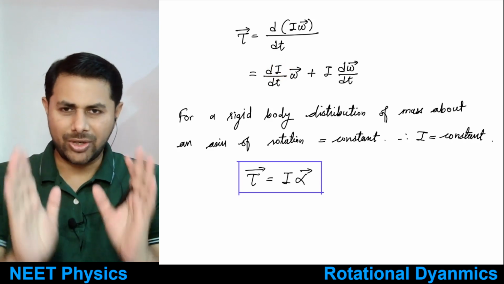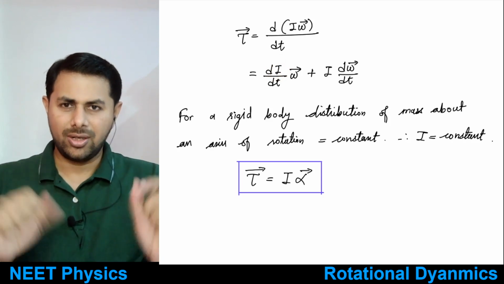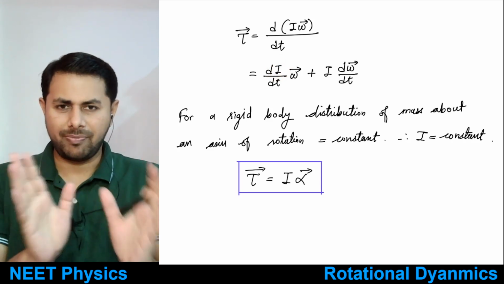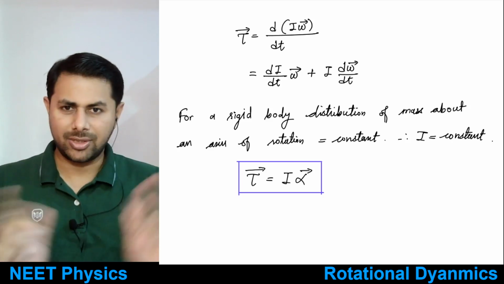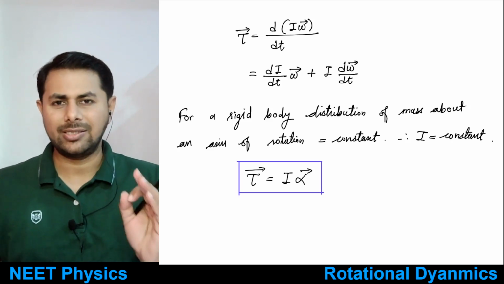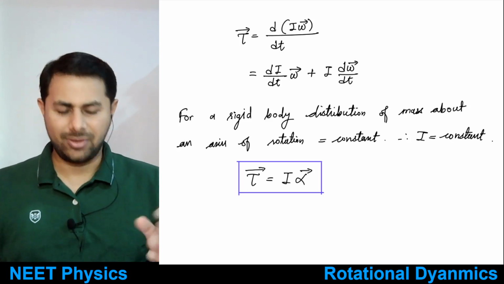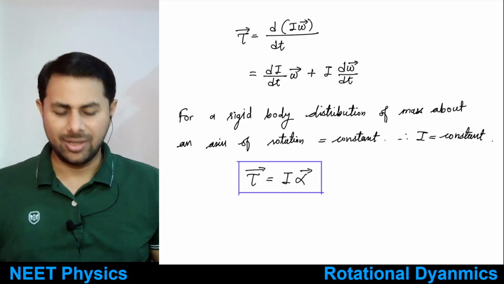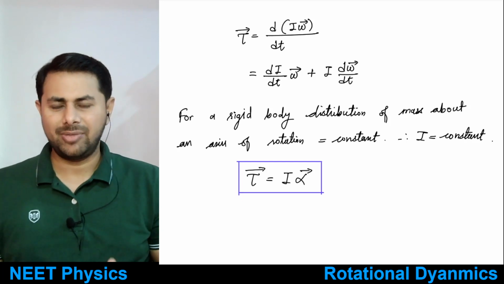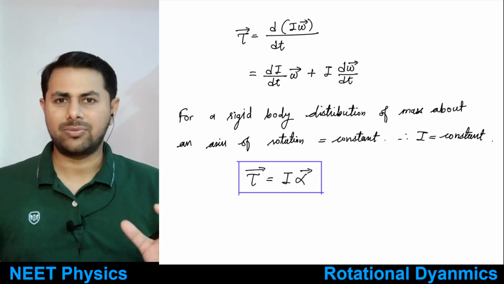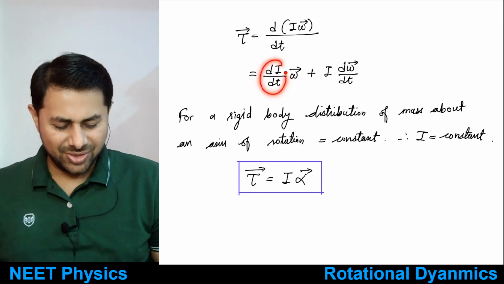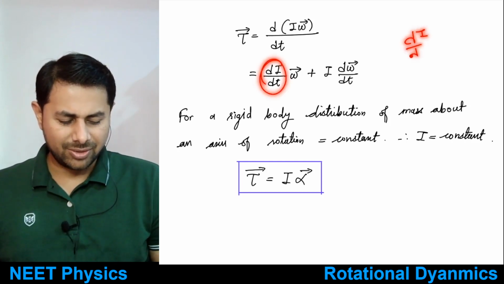It means that our body is rigid, so the configuration of mass of this body about the axis of rotation remains as it is. Mass does not get displaced, which means there is no change in shape or size of the body. So this dI by dt would be equal to 0.